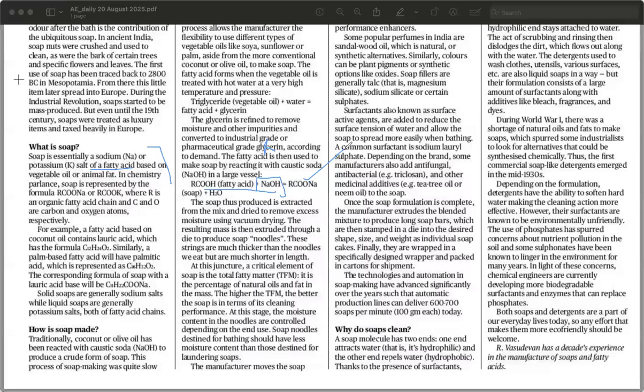Okay, so this is the chemical equation. For younger students, please just understand like this, that we are taking fatty acid from an oil and we are reacting it with another chemical called sodium hydroxide. And when we react these two, what we get in return is soap.